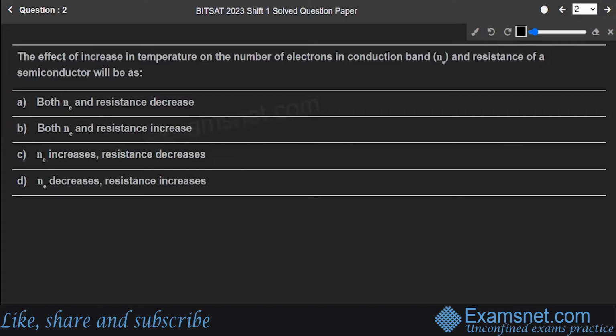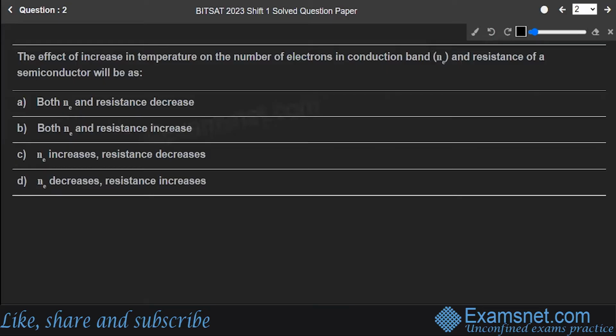The effect of increase in temperature on the number of electrons in conduction band Ne and resistance of a semiconductor will be like: both Ne and resistance decrease, both Ne and resistance increase, Ne increases and resistance decreases, or Ne decreases and resistance increases.